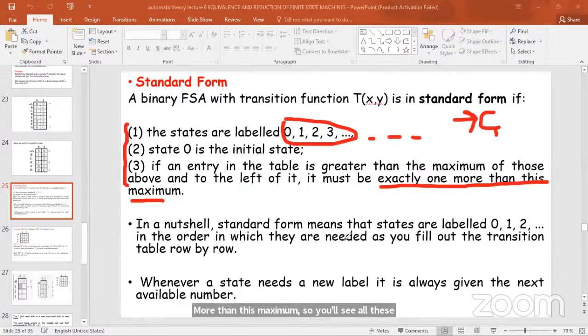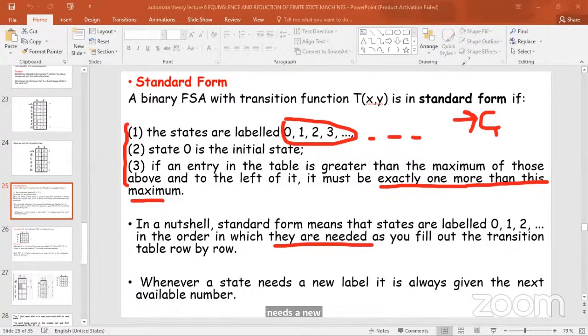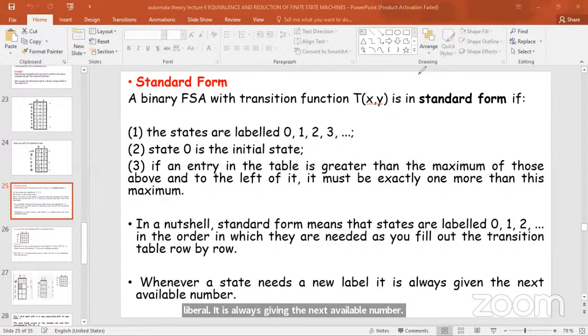In a nutshell, standard form means that states are labeled from 0 upwards in the order in which they are needed as you fill out the transition table row by row. So whenever a table needs a new label, it is always given the next available number. So how do we go about doing this?